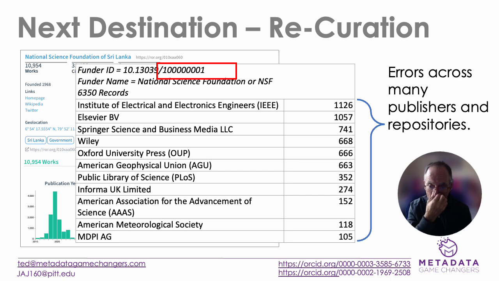We know that most of the journal articles in Crossref that have funder names also have awards. I think that was around 90%. And if you look at the structure of those award numbers, they have a structure which is consistent with the structure of US NSF award numbers. So in a large number of these cases, we can use that fact to support this assertion that this is the U.S. National Science Foundation.